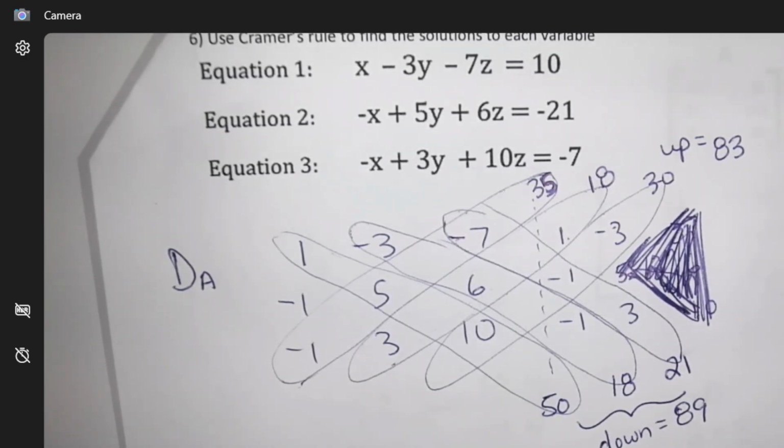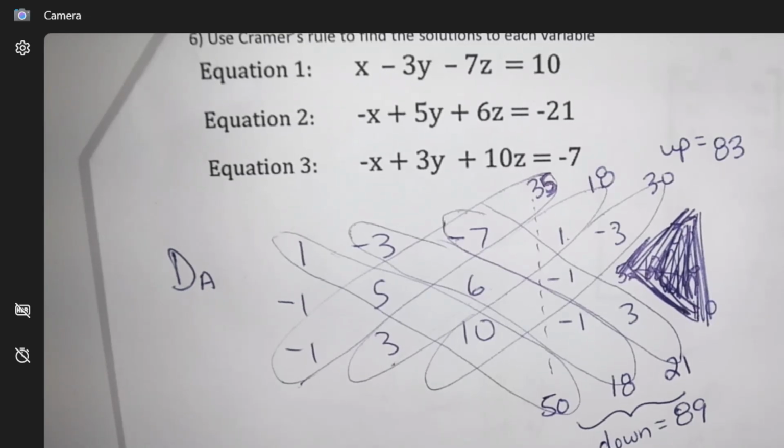And then your last step is to do the downs minus the ups. And I know that I also put a test question on there with a 2 by 2 like this. So it's always the down diagonal minus the up diagonal.